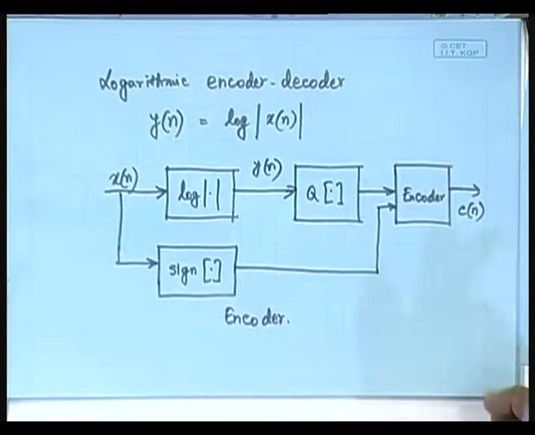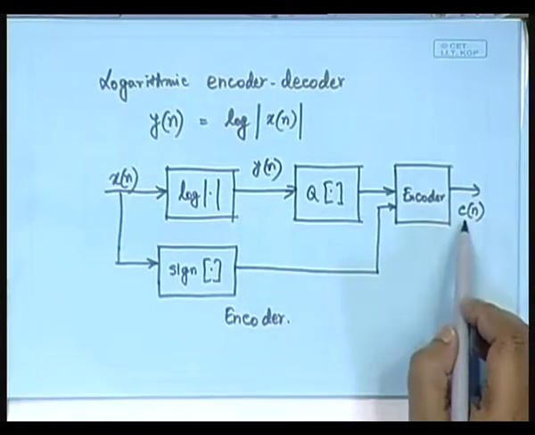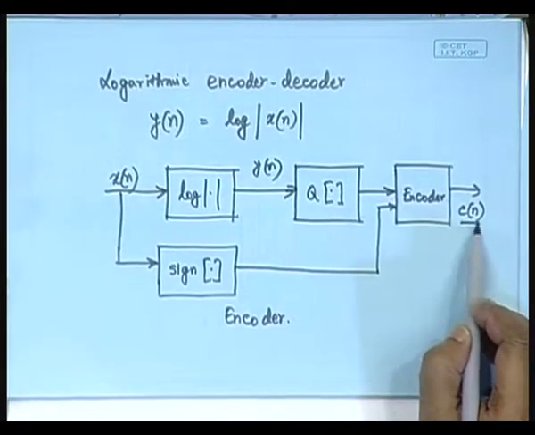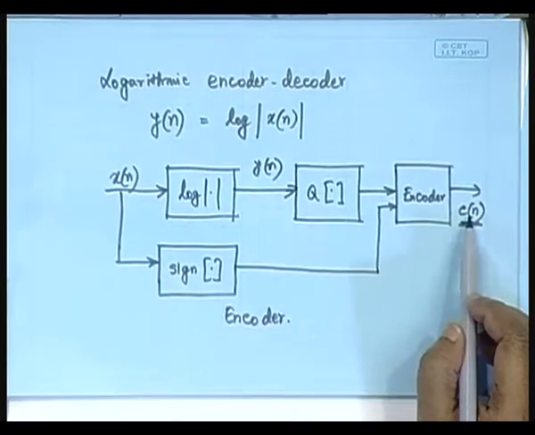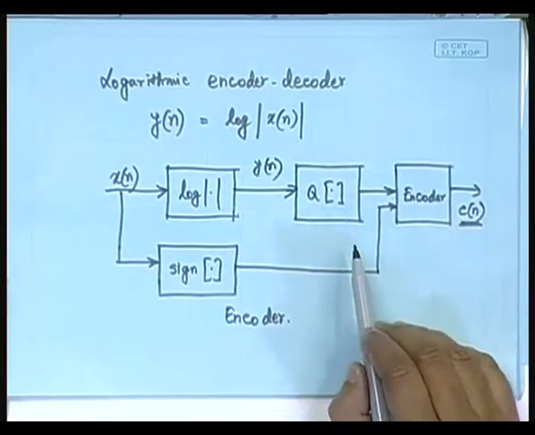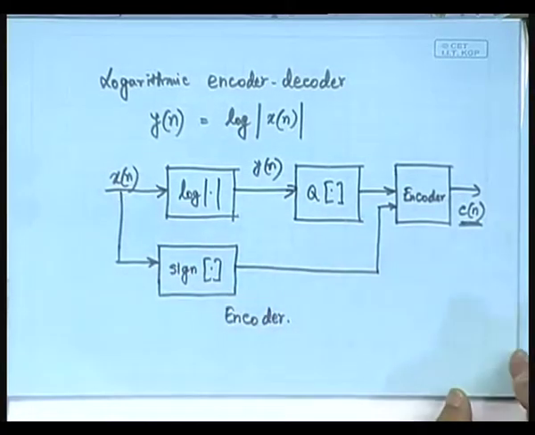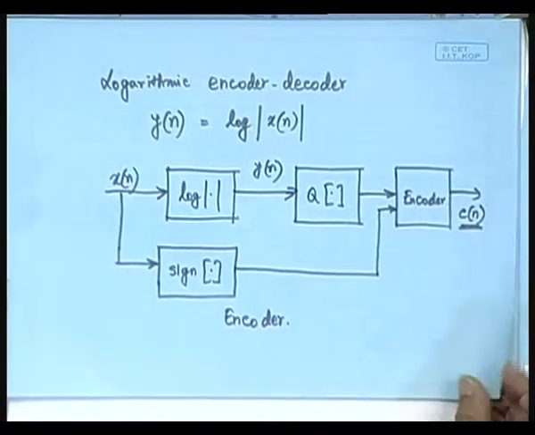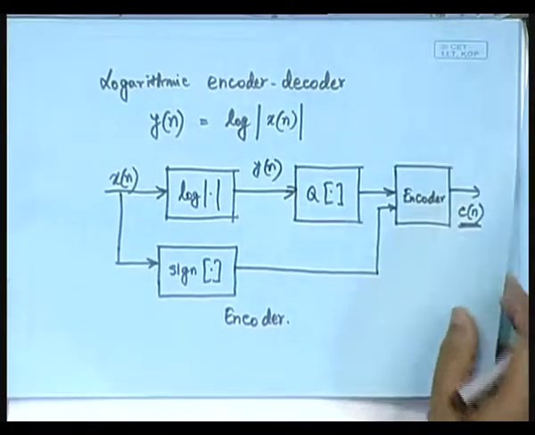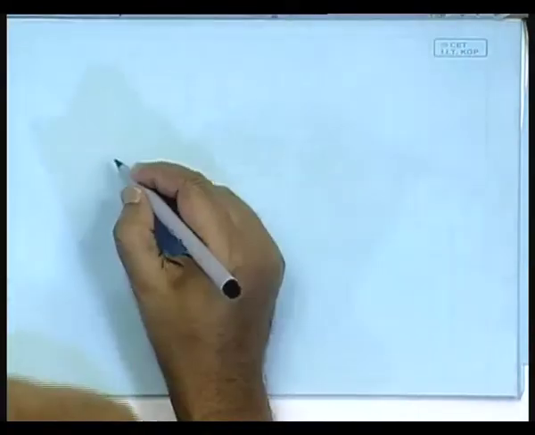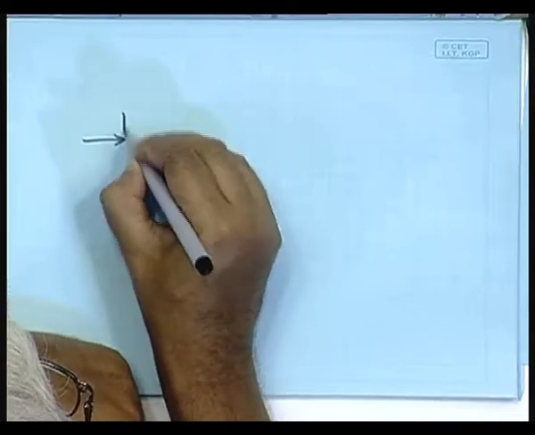So, the decoder block diagram would go like this: it will accept this C of n, that means this encoded bits will be received as an input to the decoder, and then ultimately it has to obtain x cap of n, as an approximated form of x of n.